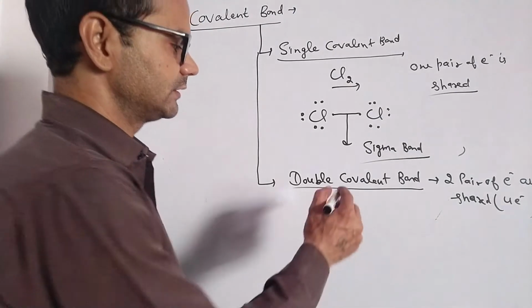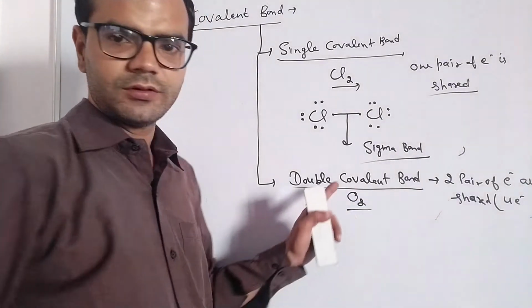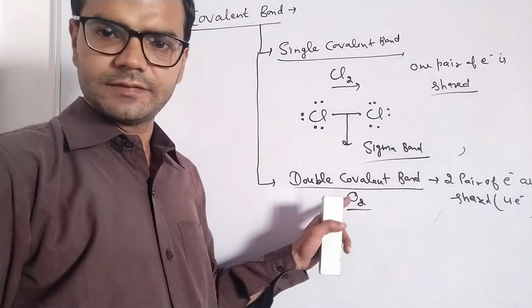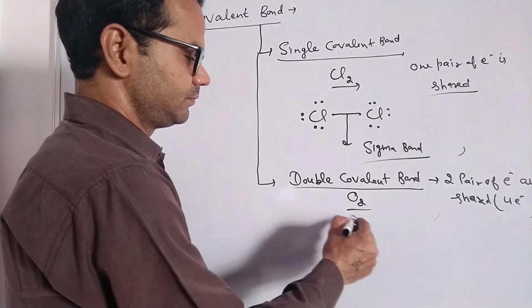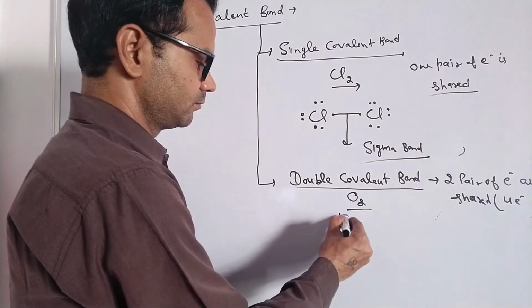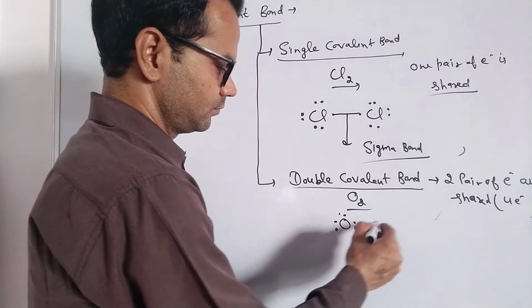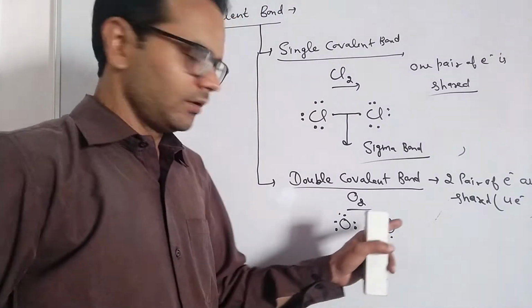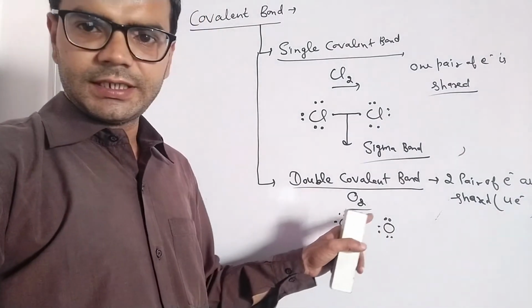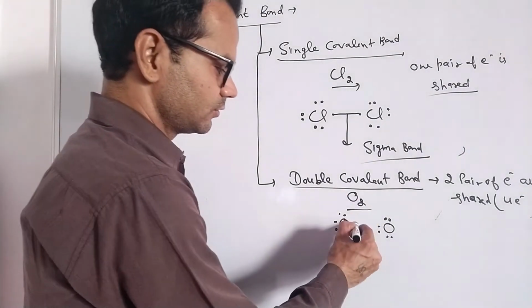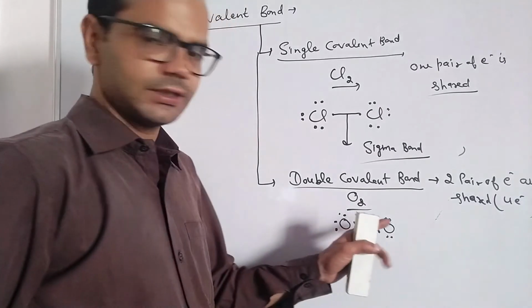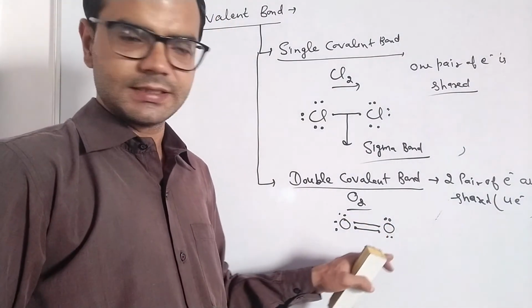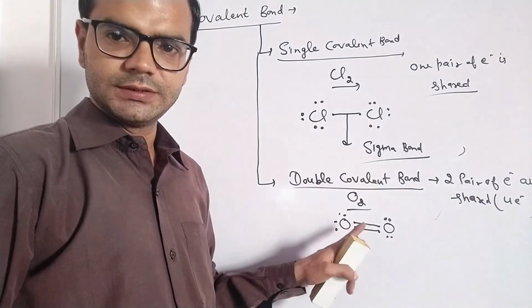For example, we have oxygen, O2. As we know, oxygen contains 6 valence electrons. Now to complete its octet, it can share 2 electrons. So two electrons are shared from each oxygen. As a result, a double covalent bond is formed.